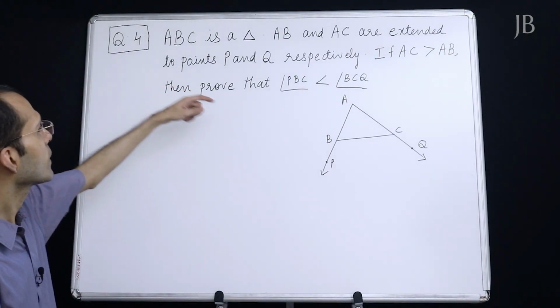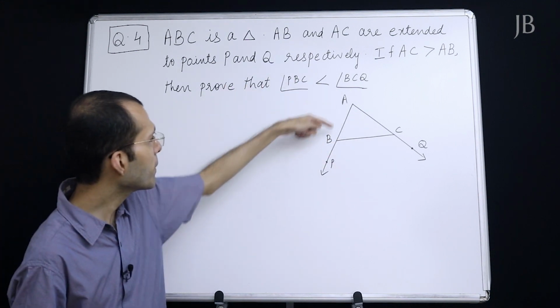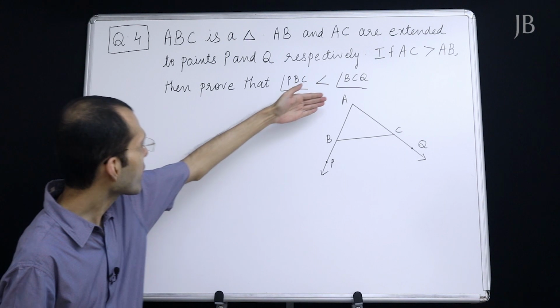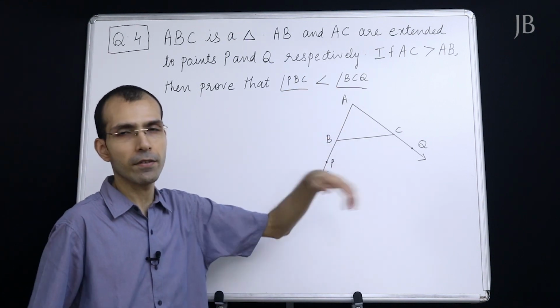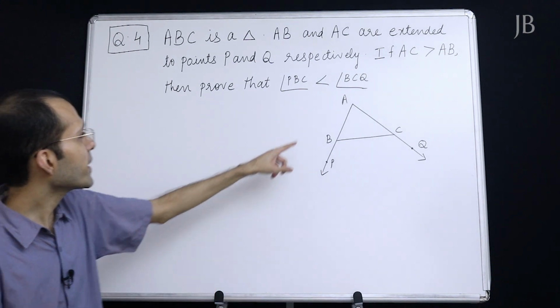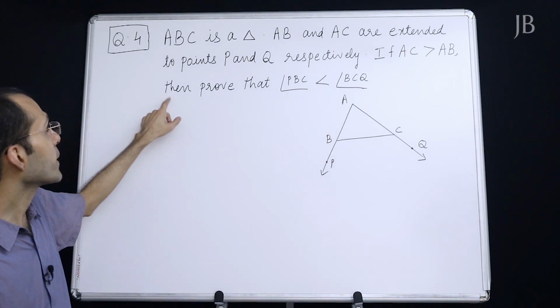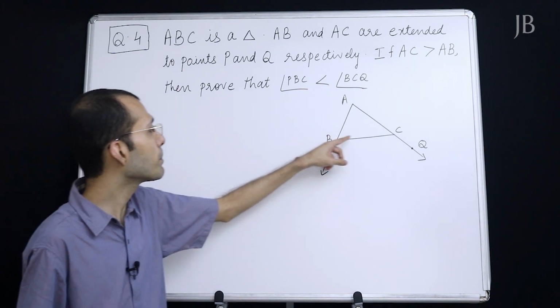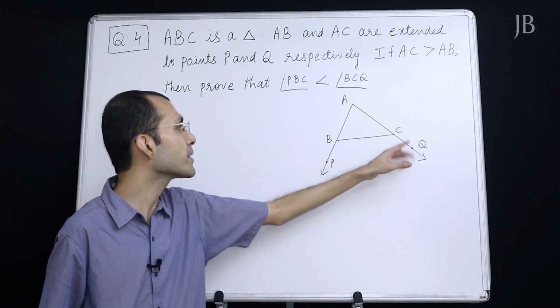Question 4. ABC is a triangle. AB and AC are extended to points P and Q respectively. Extended means pulled straight. Okay. If AC is greater than AB, then prove that angle PBC is smaller than angle BCQ.